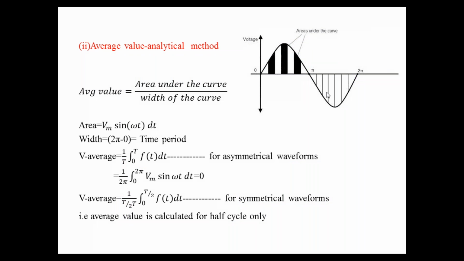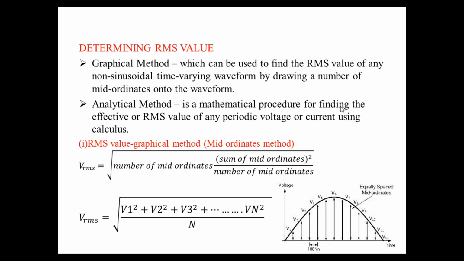Now we can determine another term called the RMS value. The RMS value you can also calculate by the graphical method and analytical method. The graphical method is preferable for non-sinusoidal waveforms, and the analytical method is preferred for sinusoidal waveforms only.